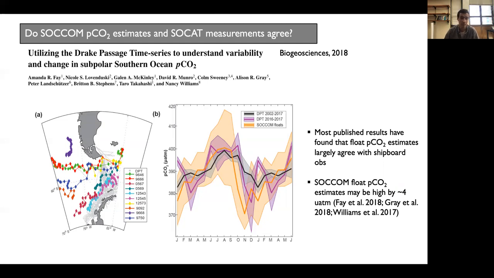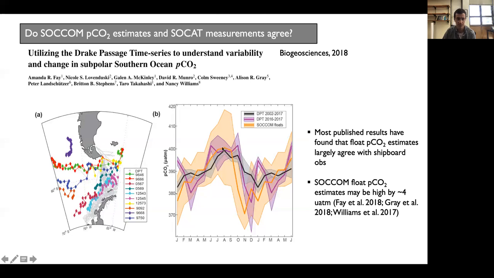This was published in 2018, so only a few years of data. And so they compared float PCO2 as the floats were passing through the Drake Passage to the Drake Passage time series, the underway PCO2 measurements on the ships going through the Drake Passage.